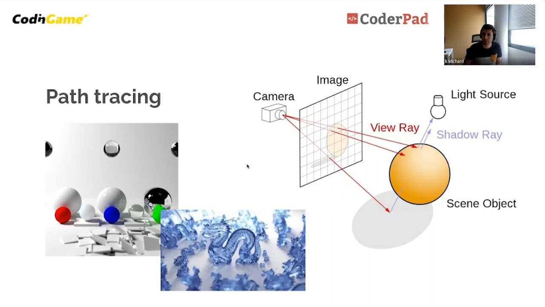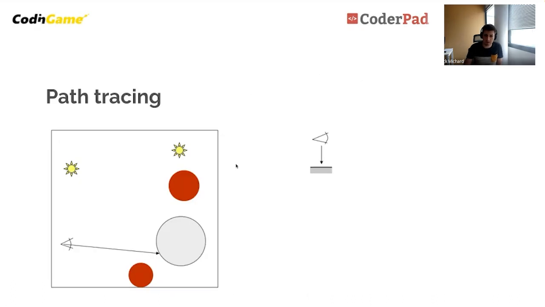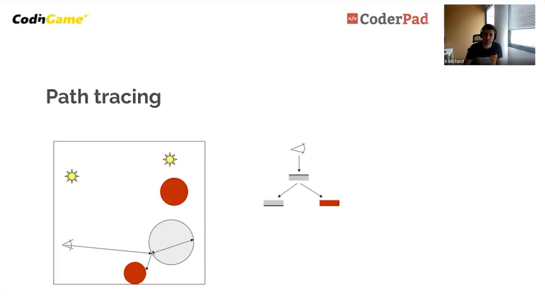We will see in detail how. As I said, we start from the camera, from your eyes, and we shoot a ray, we try to intersect an object, and we try to simulate from this object the direction and the path of the ray. Sometimes the ray will bounce and go to another object. Sometimes it will go through the object because there is some transparency in it.